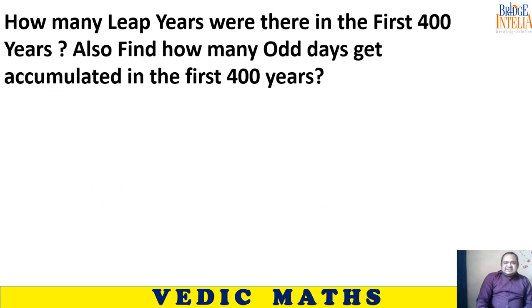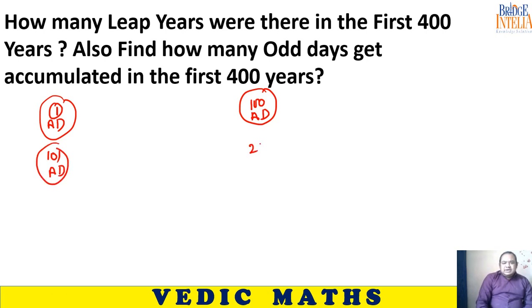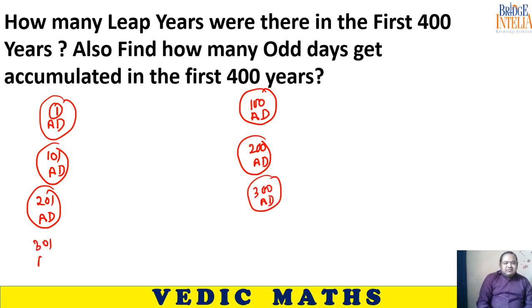Now let's see here. This is very interesting. How many leap years were there in the first 400 years? This time it is something different. 1 AD to 100 AD, then 101 AD to 200 AD, then 201 AD to 300 AD, and then 301 AD to 400 AD.